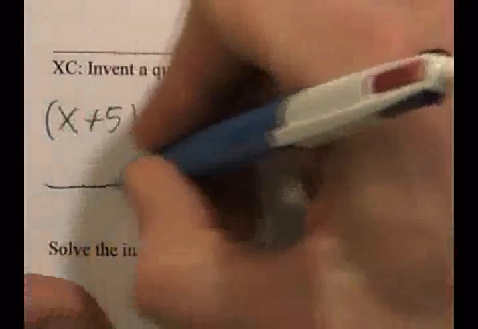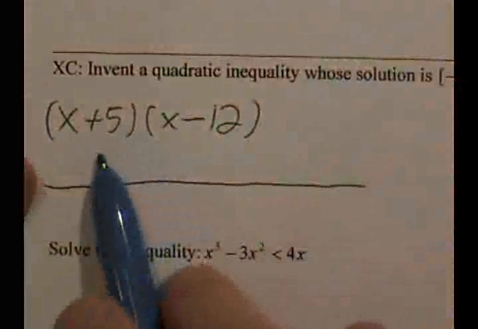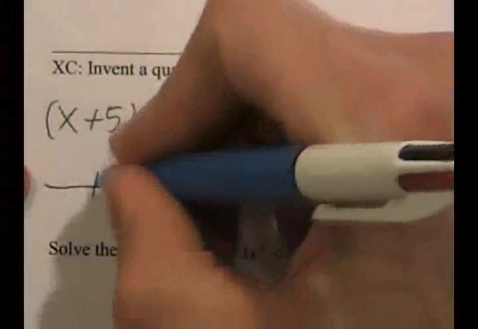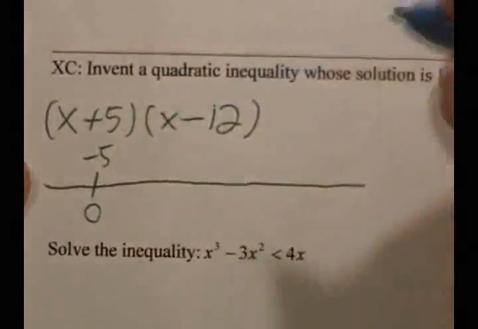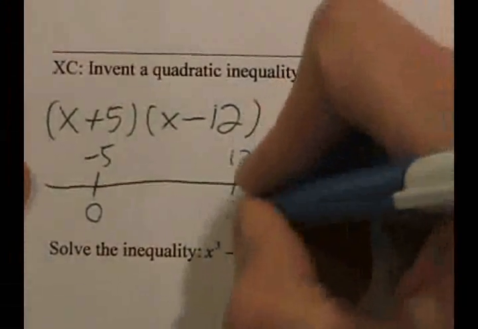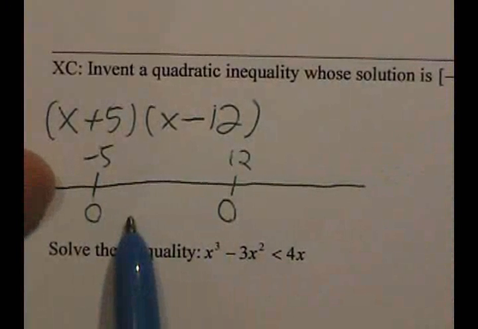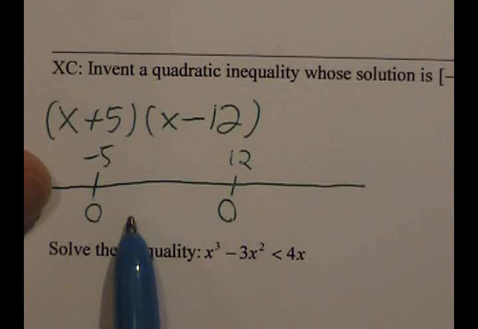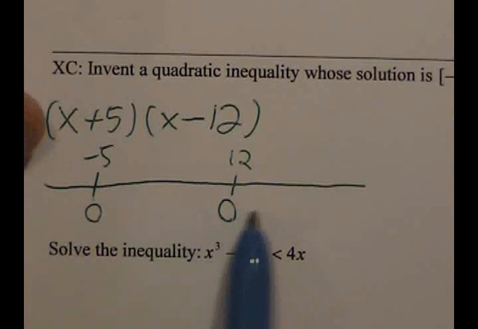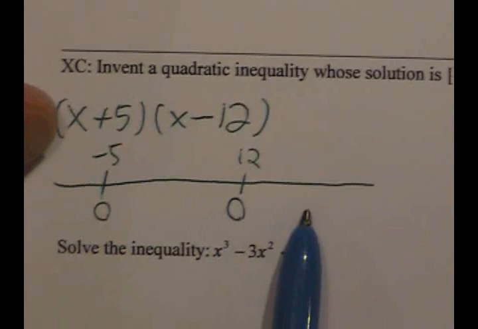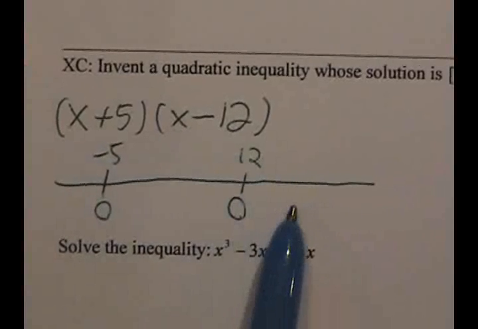Well, if we write out a number line, I'll say where this is going to equal 0. It'll be 0 at minus 5, and at 12 it'll be 0, and we want the numbers in between to be solutions for the inequality. So if x is in this region here, then everything is positive, so we don't want these as answers.